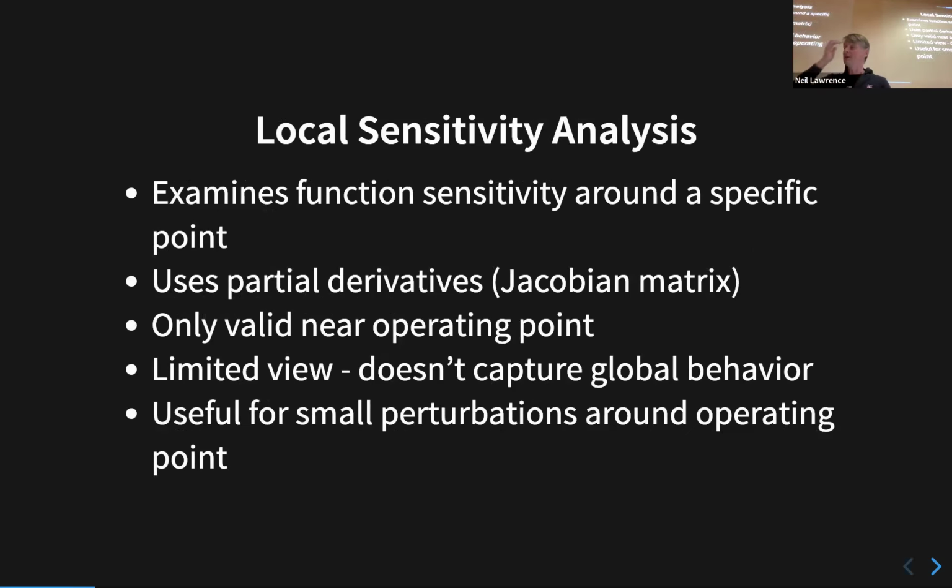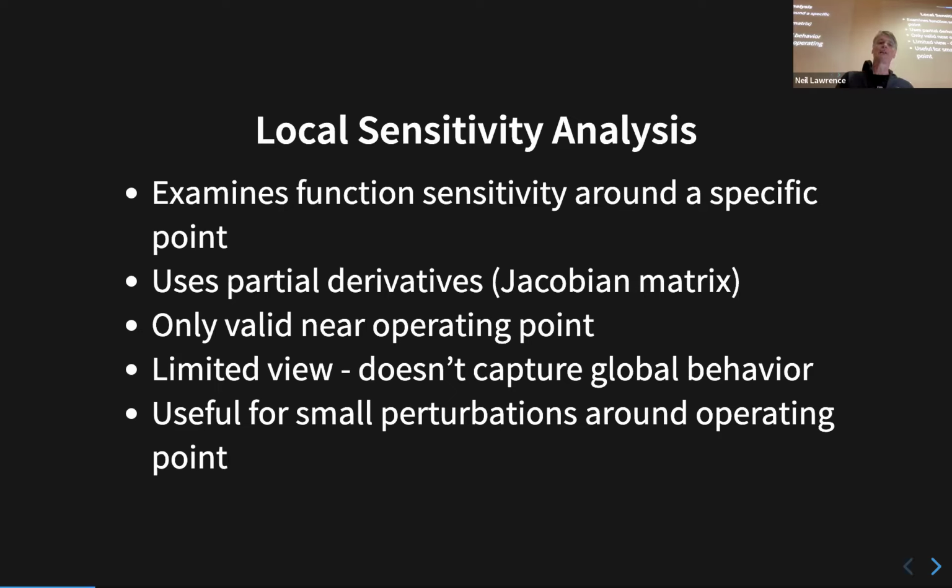And just to split two things. One can imagine two types of this sensitivity analysis, which we'll think of as local sensitivity analysis and global sensitivity analysis. We're going to focus on global sensitivity analysis today. But local sensitivity analysis is somewhat simpler and conceptually easier to think about.